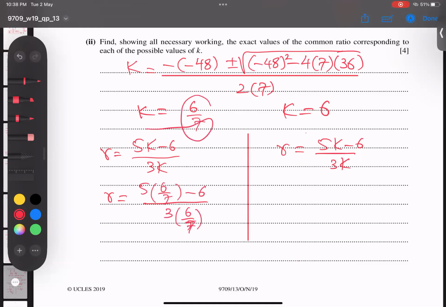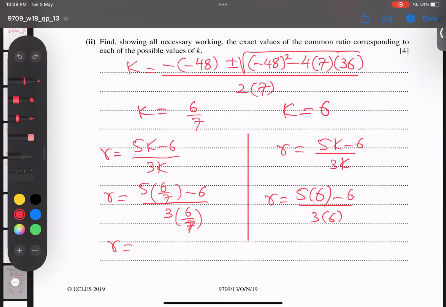So just replace the values of k here. Okay, second option, if I replace this 6 here, so when I replace this one, let me check what r is coming from this option.